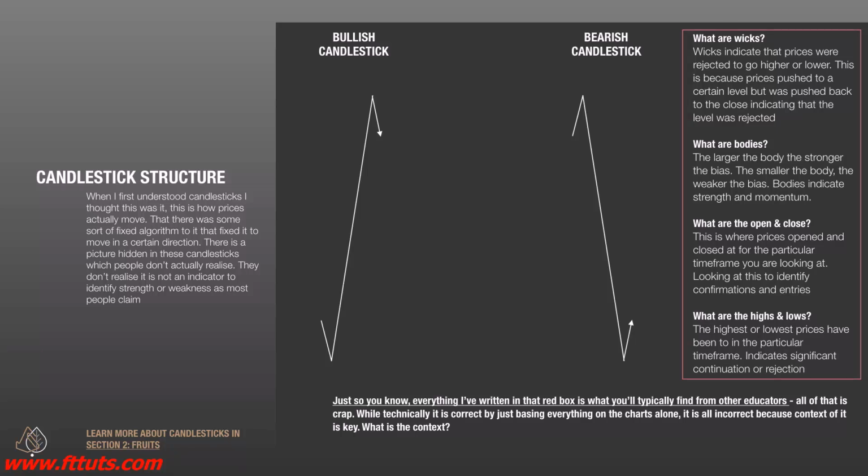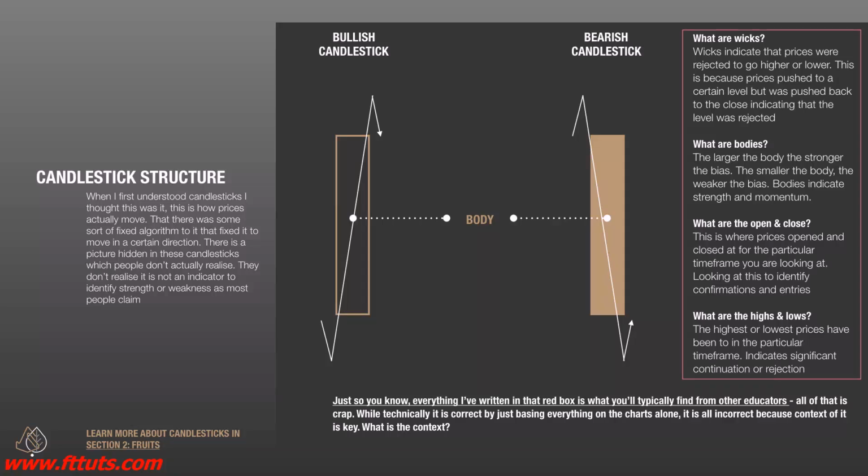So first of all, let's identify. The solid shape, which is basically a rectangle, represents the body. The wicks or shadows represent the highest point prices have been to in that particular time frame, or how low it went.